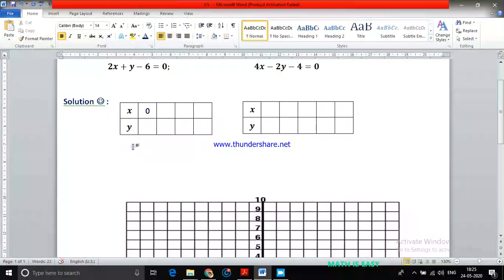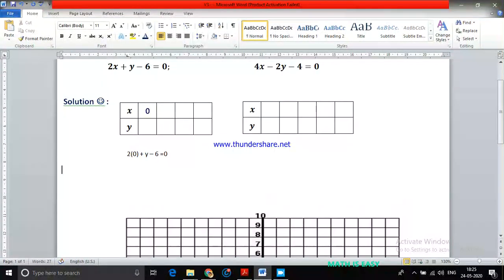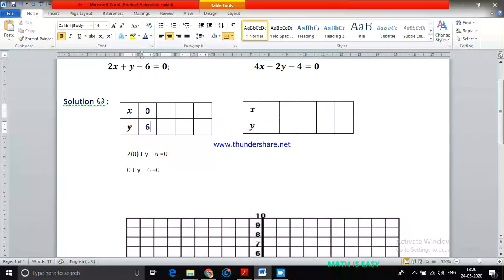If x is 0, you will get 2 times 0 plus y minus 6 equals 0. 2 times 0 is 0, so 0 plus y minus 6 equals 0. 0 plus y is y only, so y minus 6 equals 0, that is y equals 6. So the value of y will be 6.